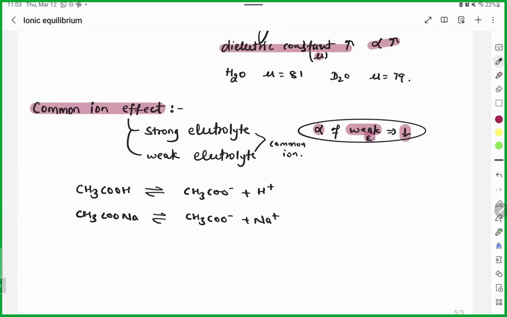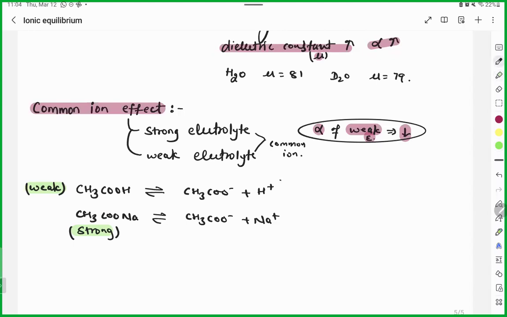This is the strong electrolyte and that one is the weak electrolyte. In this case, CH3COO negative concentration will increase, so H positive concentration will decrease.